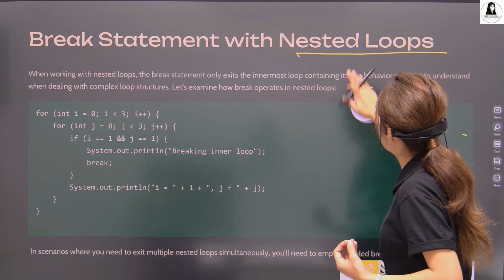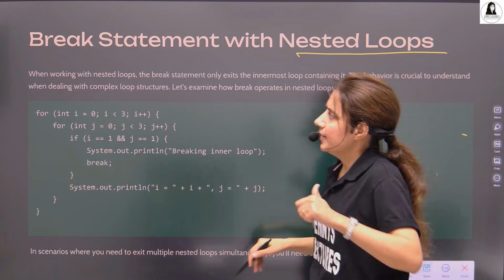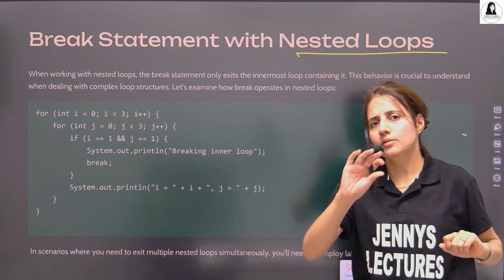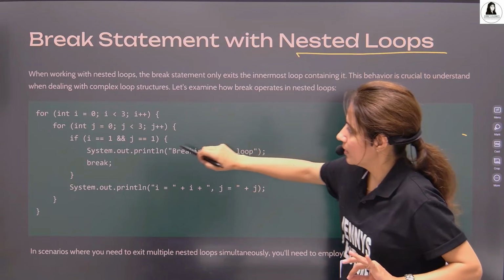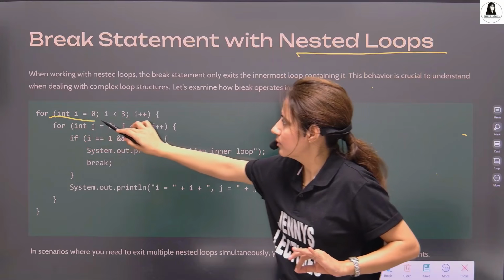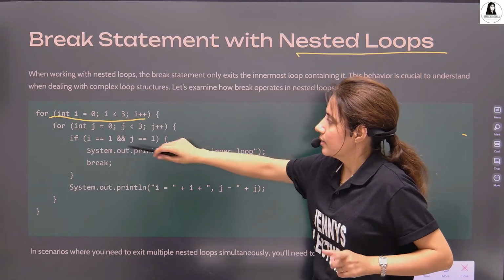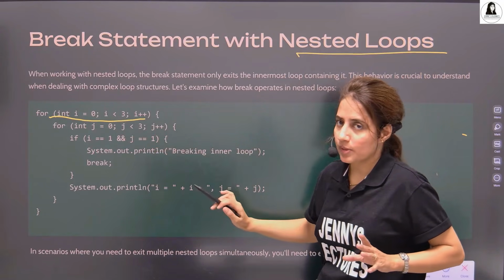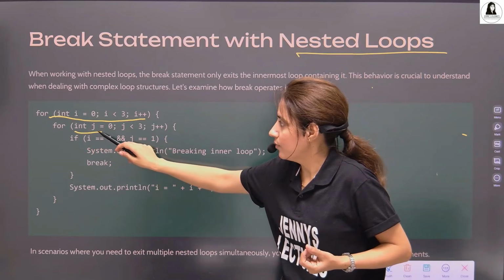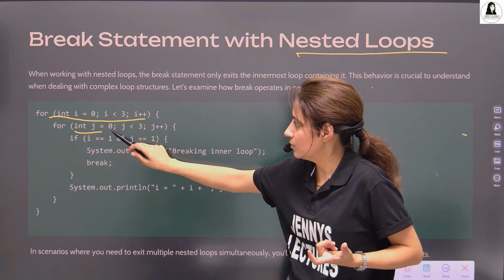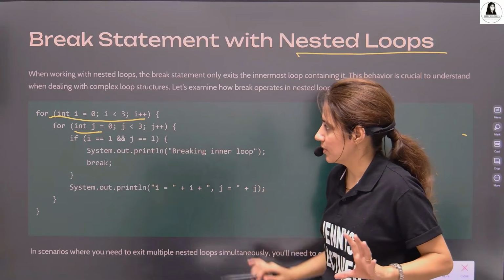Now, see, the break statement while working with nested loops, there is one thing. This is one example. Here we have one loop, i is equal to 0 till 3, i plus plus, and within this loop we have one more for loop. Here we have a variable j, j is from 0 to 3 and j plus plus.